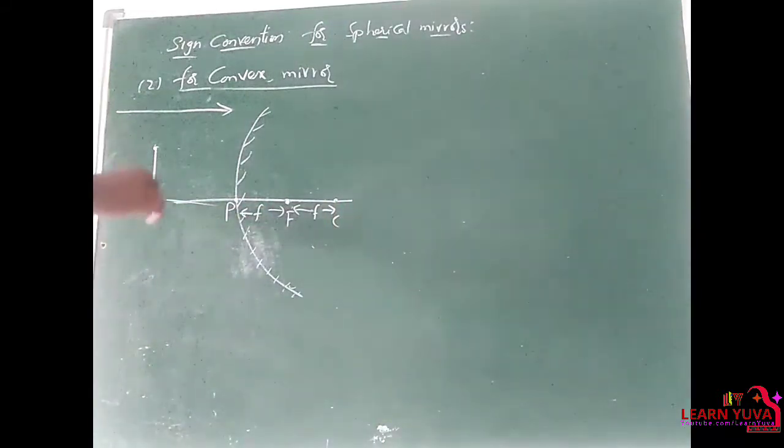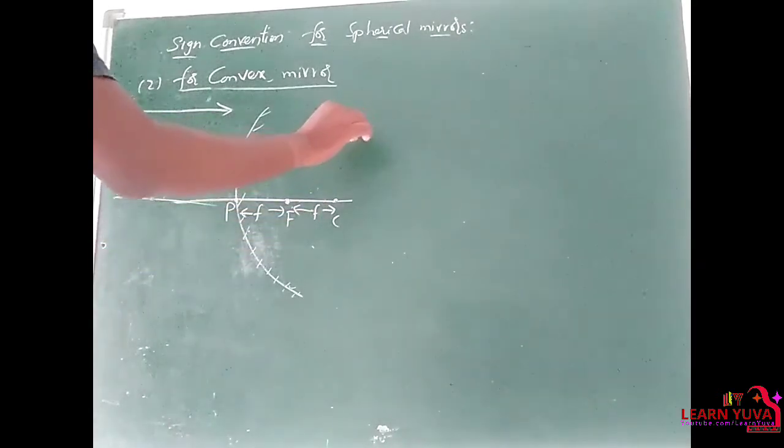The object is placed here, and it is the object height. The distance from object to mirror is the object distance. The image is formed here.